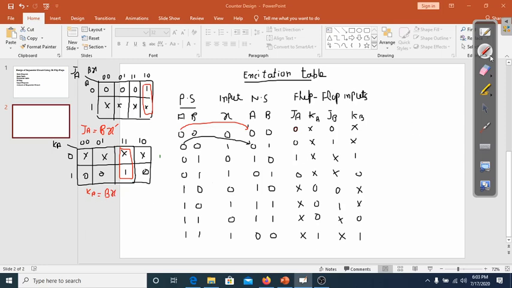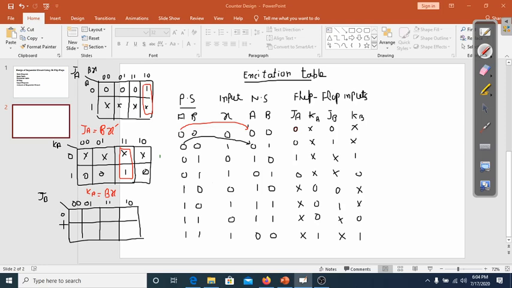Now let me simplify JB. So I will simplify this. 00, 01, 11, 10.